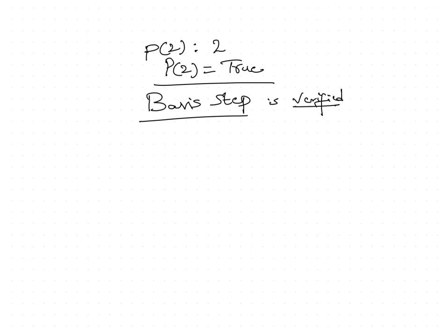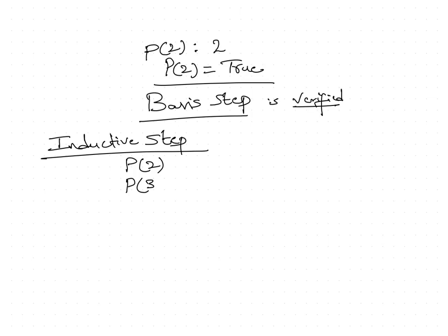Now let us move to the inductive step. In the inductive step, what will I be doing? I'll be assuming P of 2, P of 3, and so on, up to P of k, assume as true, right?